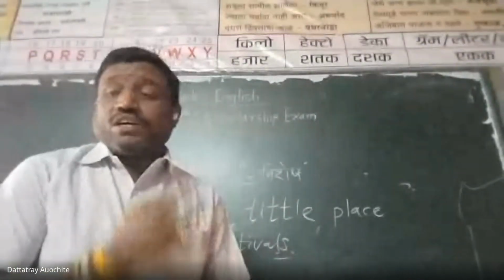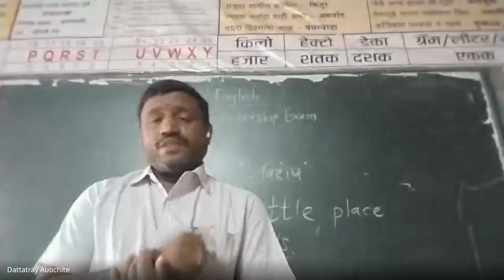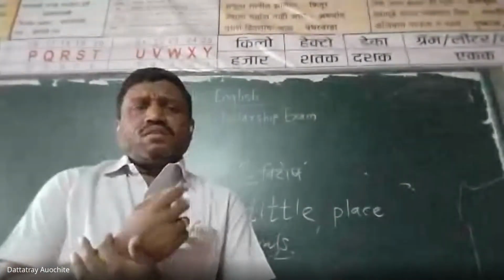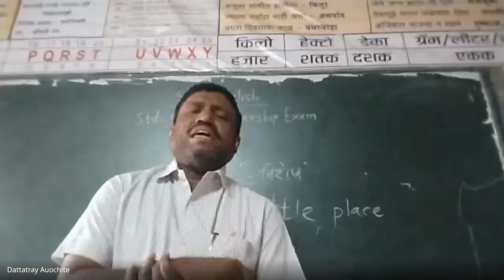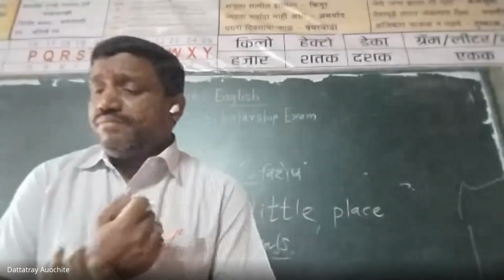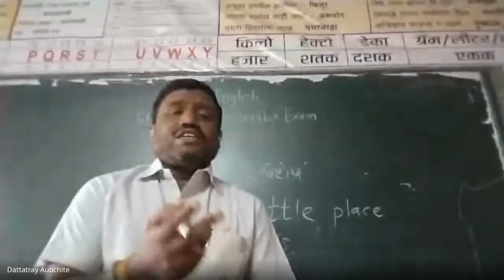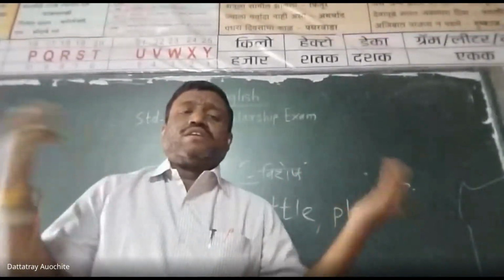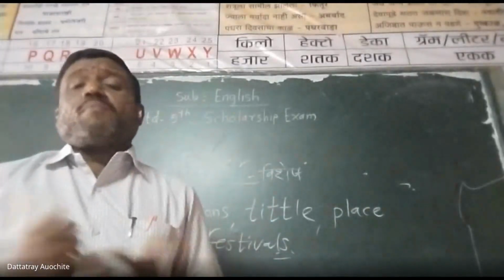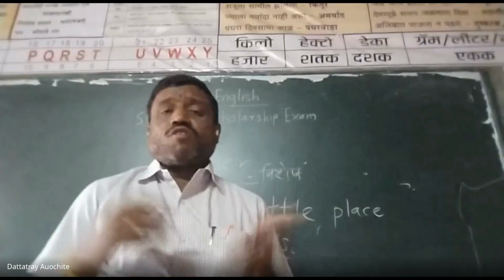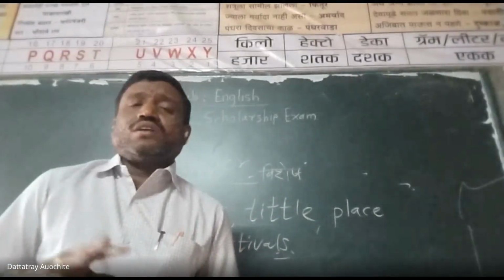Names of mountains and rivers are also proper nouns, so they should be written in capital form. Himalaya, Ganga, Godavari, all these are proper nouns. The common noun of it is what? You know that.